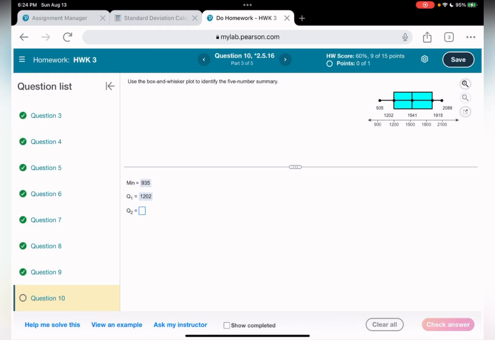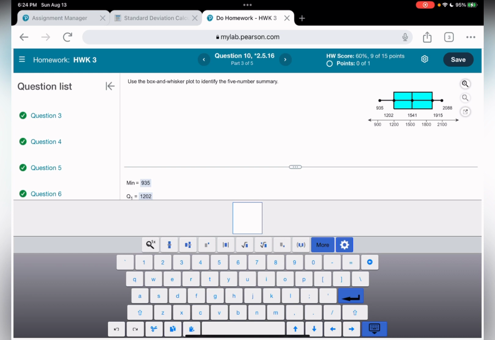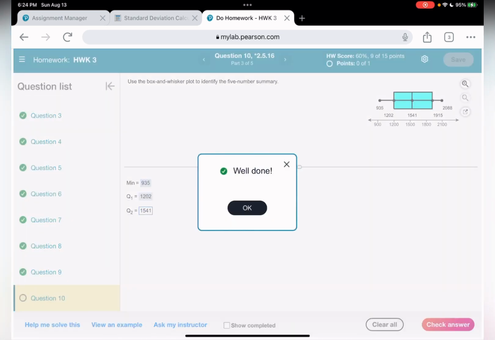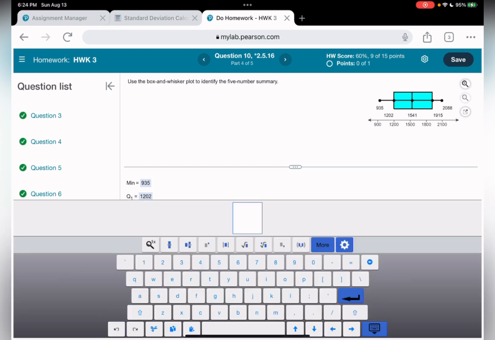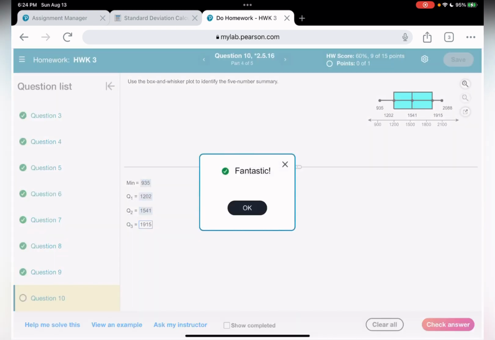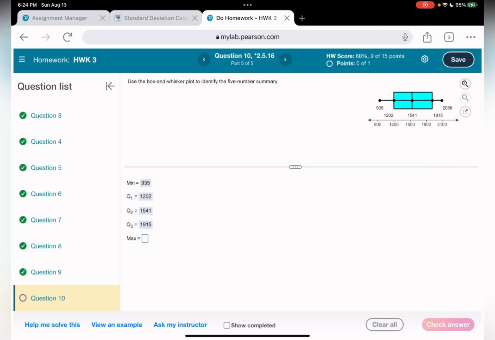Second quartile, 1541. Third quartile is 1915. And the maximum is going to be 2088.